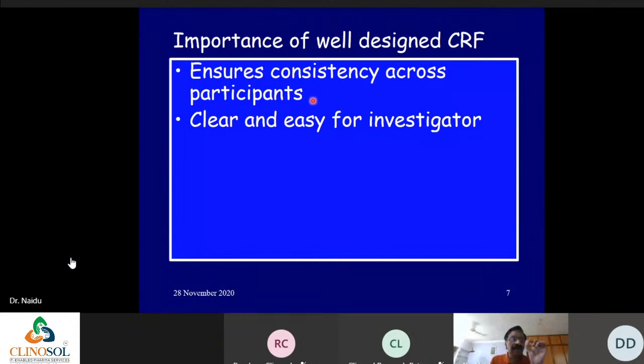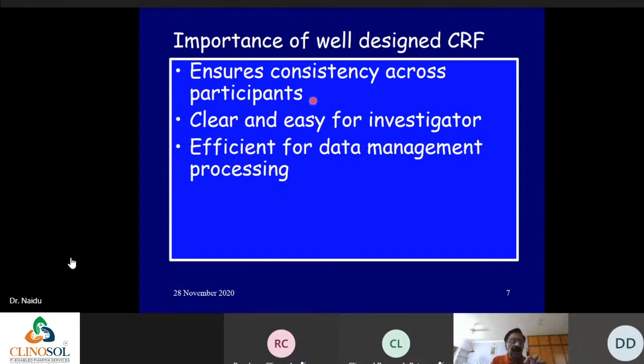The second thing is that every case record form is designed in such a manner that it is very clear, there is no confusion, and it is very easy for the investigator and other people to understand. The third thing is that it is efficient for data management processing. When the case record forms are sent to data management people, it should be very clear for them, with no confusion.